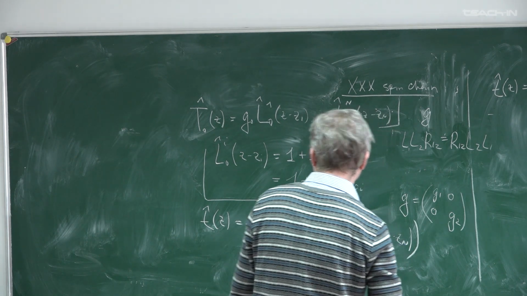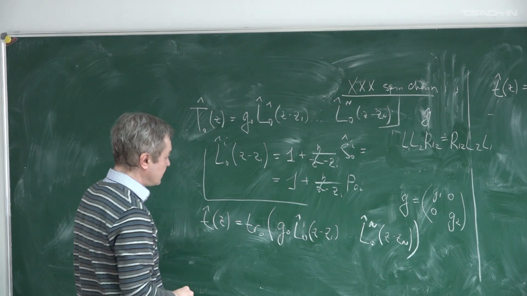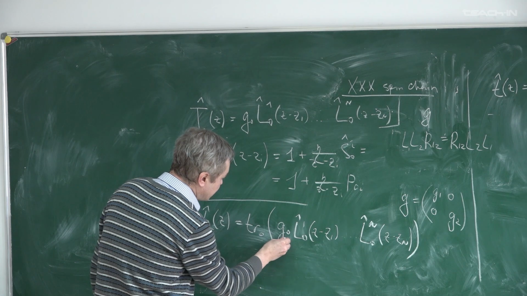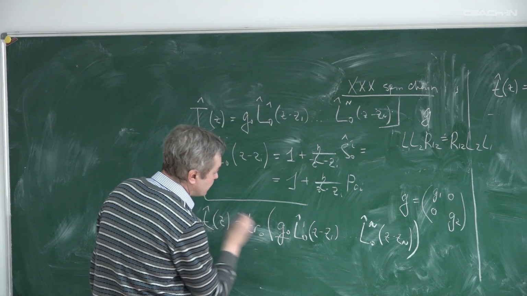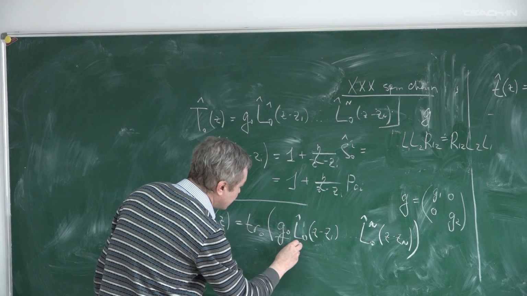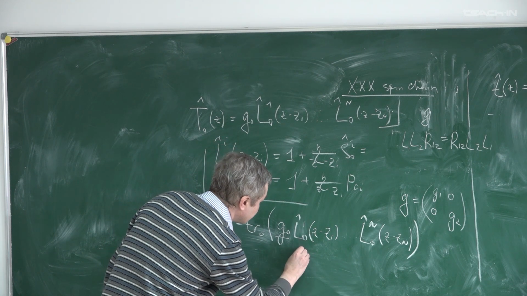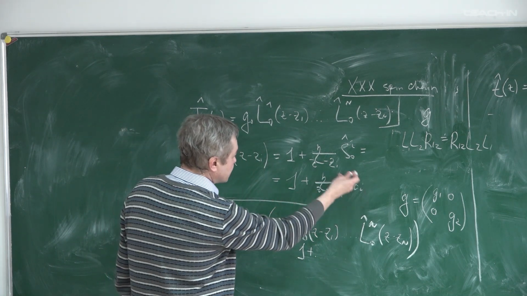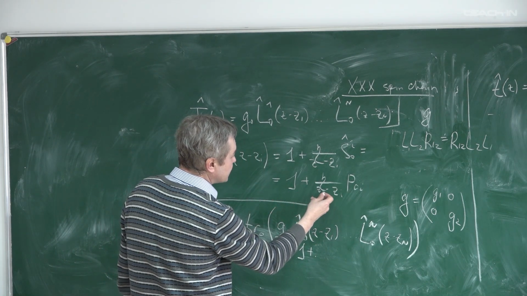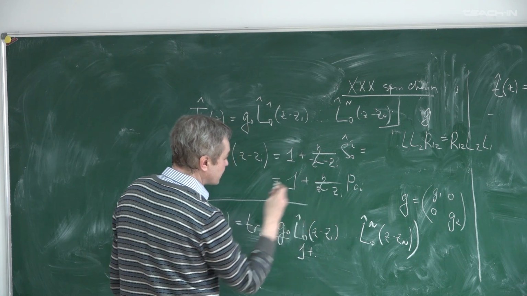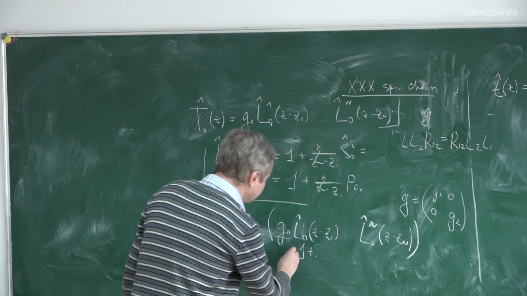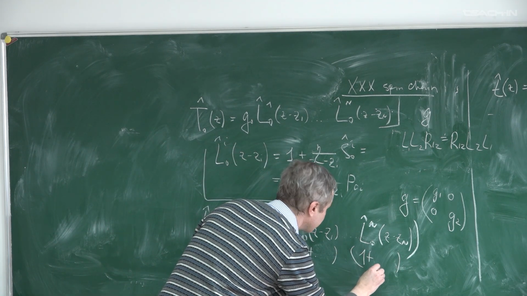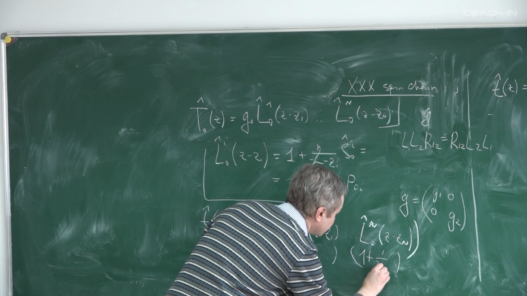Why is this formula true? In fact, it's quite an easy task, because you have here this matrix G, and each Lax matrix is 1 plus something. And this 1 plus something is this expression, which has some simple poles at different points. And what you have here is just a product of all these expressions with some simple poles.